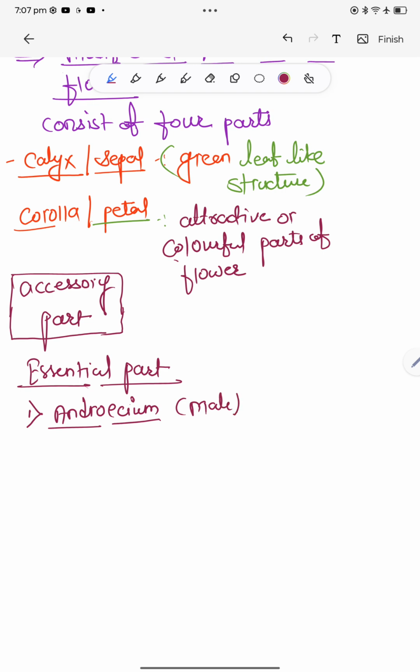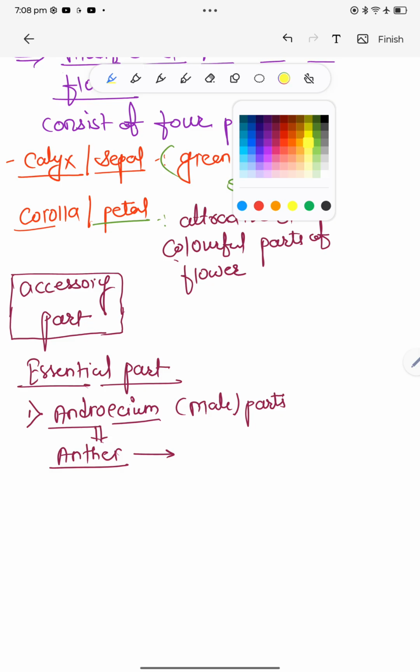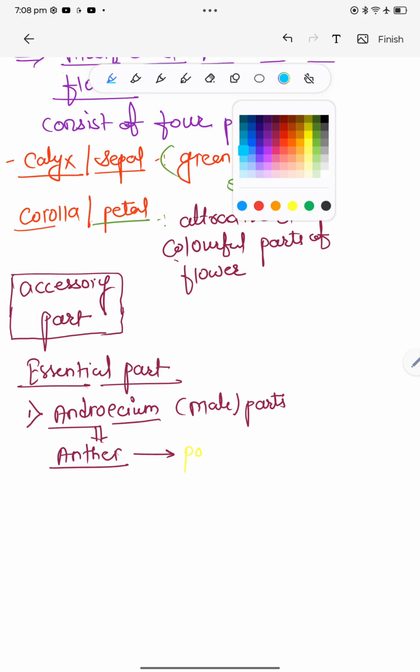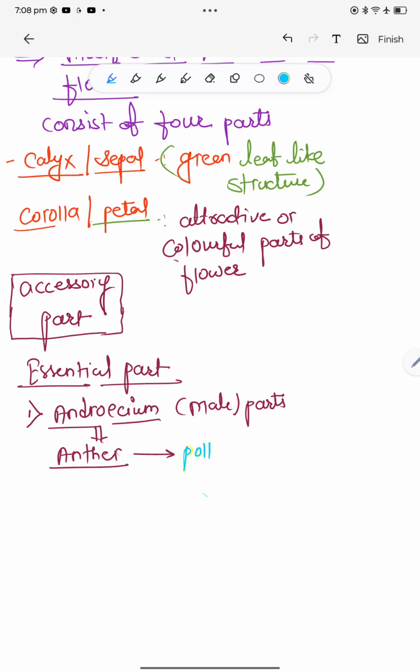It contains the anther, and the anther produces the pollen grain. The pollen grain reaches the stigma and starts to germinate.